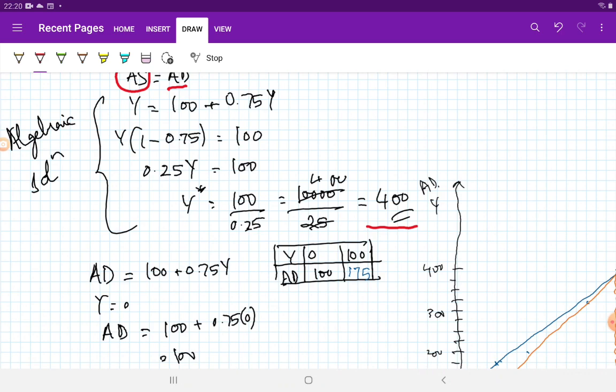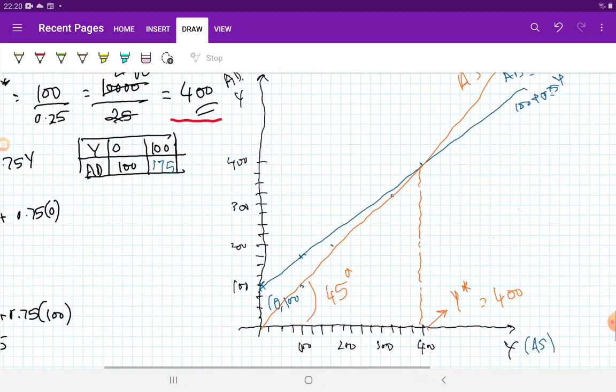So y is equal to 100 plus 0.75y, and you know that it's going to be equal to 400. So I actually use that information to correctly plot and get the intersection point over here. Once again, I'm winding up this solution by reminding you that if you plot it properly with a ruler and a pencil neatly on paper, you will get this correctly. Okay, I hope there are no more doubts.